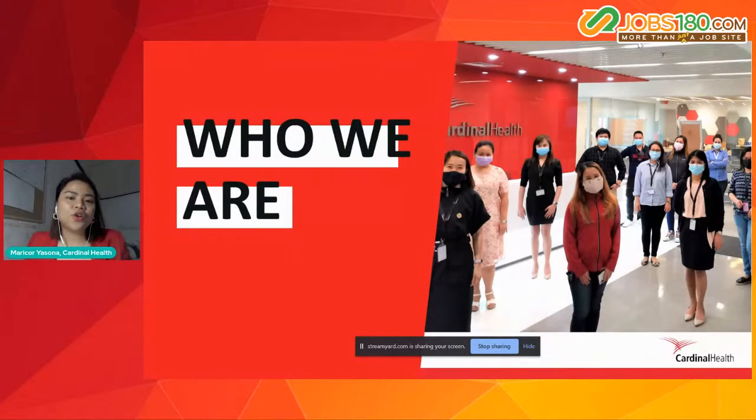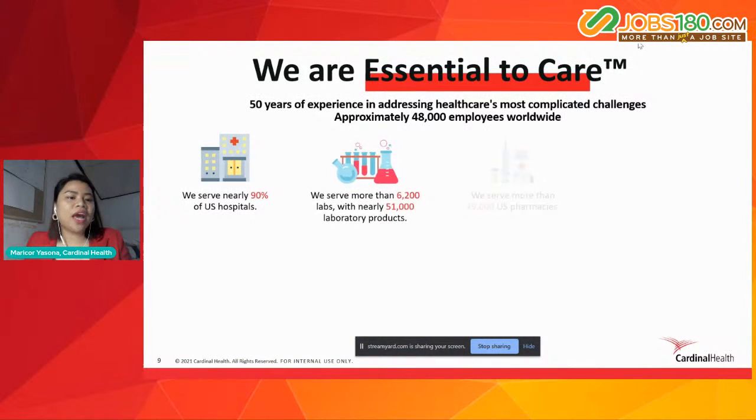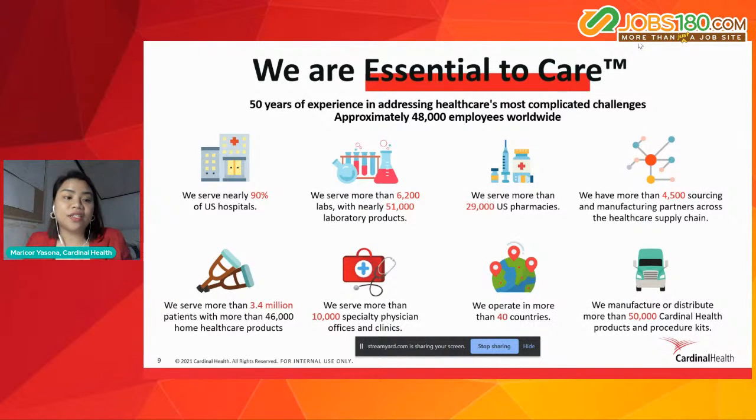So what exactly does Cardinal Health do? We have 50 years of experience in addressing the most complicated challenges, and approximately 48,000 employees worldwide. Simply put, we deliver products and solutions to improve the lives of people every day.